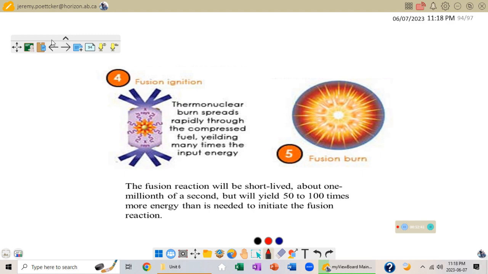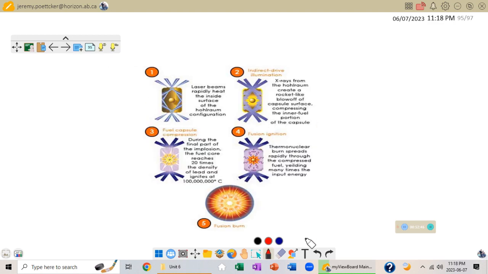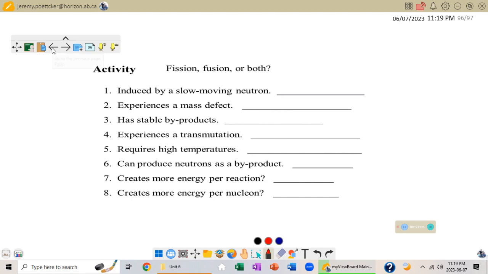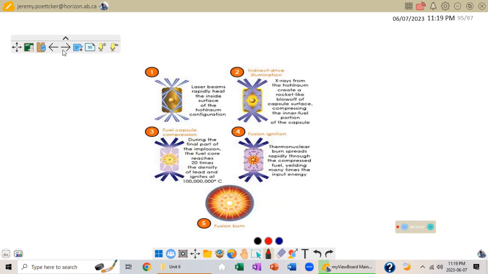So it seems pretty good so far. Once it ignites here, the thermonuclear burn spreads rapidly, yielding many more times the input energy. Now, there's a problem, of course, and the problem is getting that to be self-sustaining.